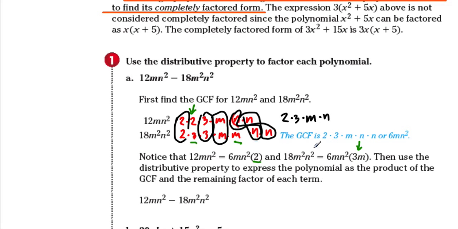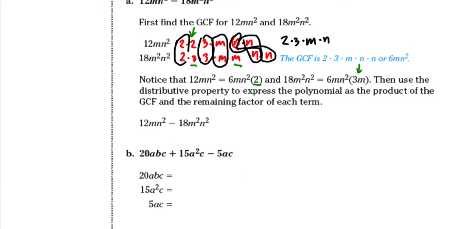If we have 12mn squared minus 18m squared n squared, we factor 6mn squared times 2 minus 6mn squared times 3m, and then using the distributive property, we now have 6mn squared times the quantity 2 minus 3m. So that is how you completely factor 12mn squared minus 18m squared n squared. Again, first find the GCF and then put everything else in the parentheses, in this case 2 minus 3m.